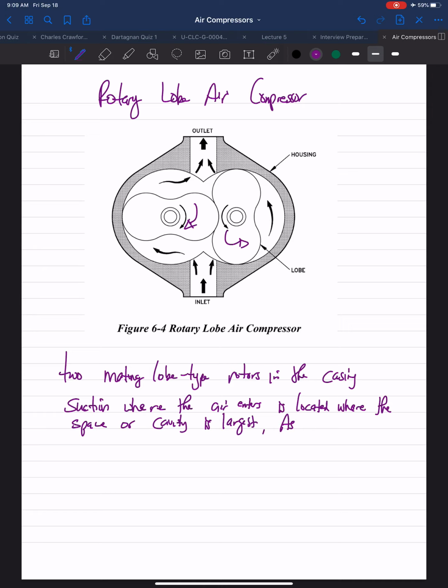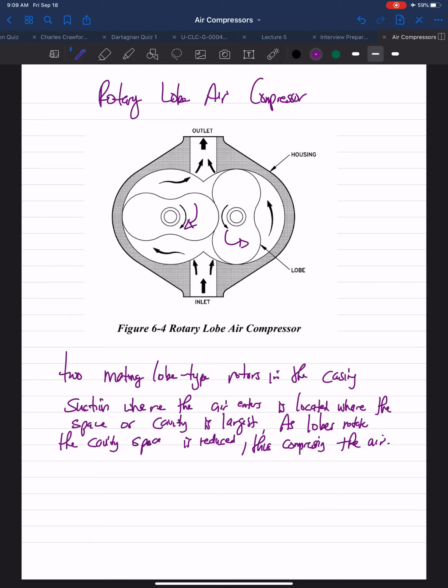As the lobes rotate, the cavity space is reduced, thus compressing the air.